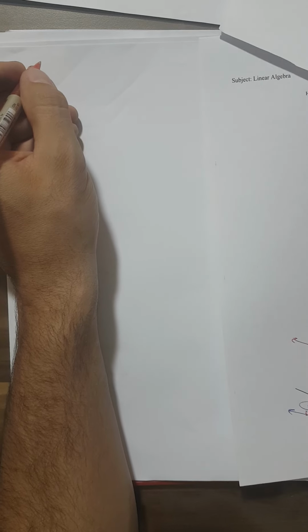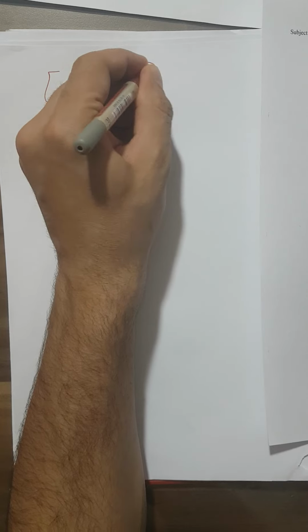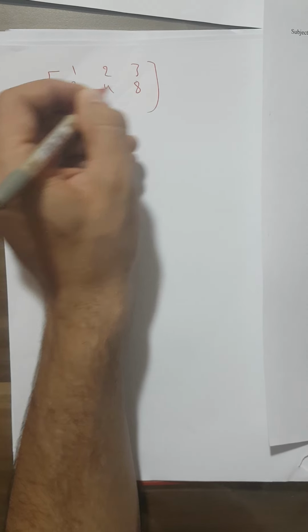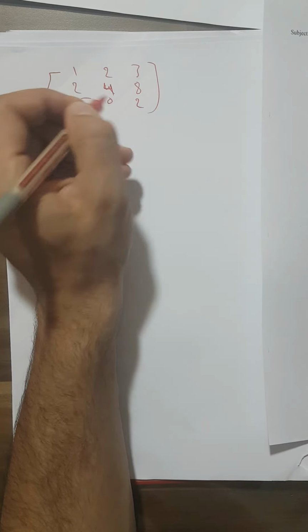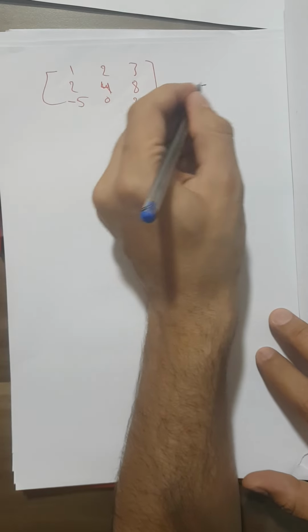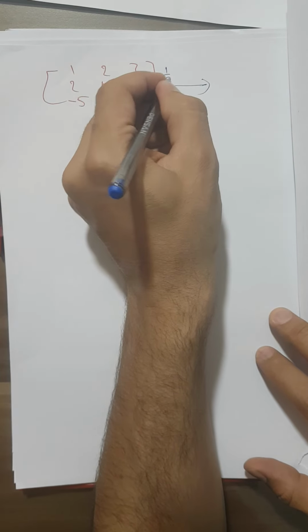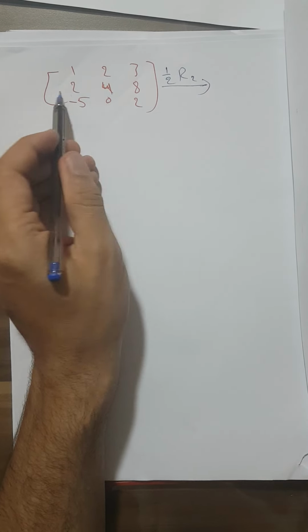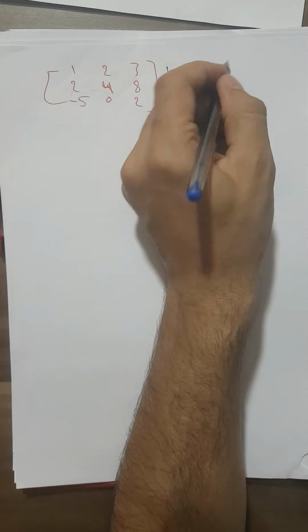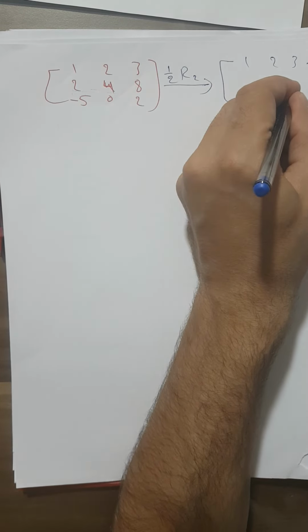If you have a matrix like 1, 2, 3, 2, 4, 8, minus 5, 0, 2, okay, when I say multiply R2 by 1 over 2, I mean that the second row should be divided by 2. That's why the first and the third will not change.